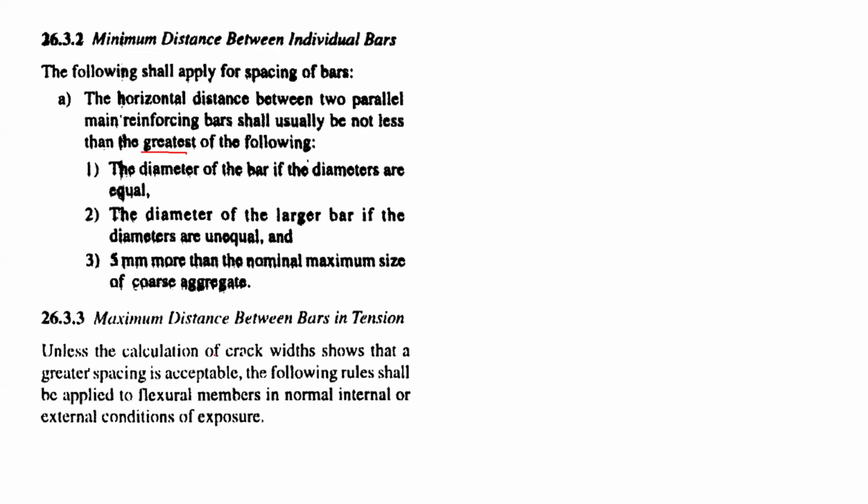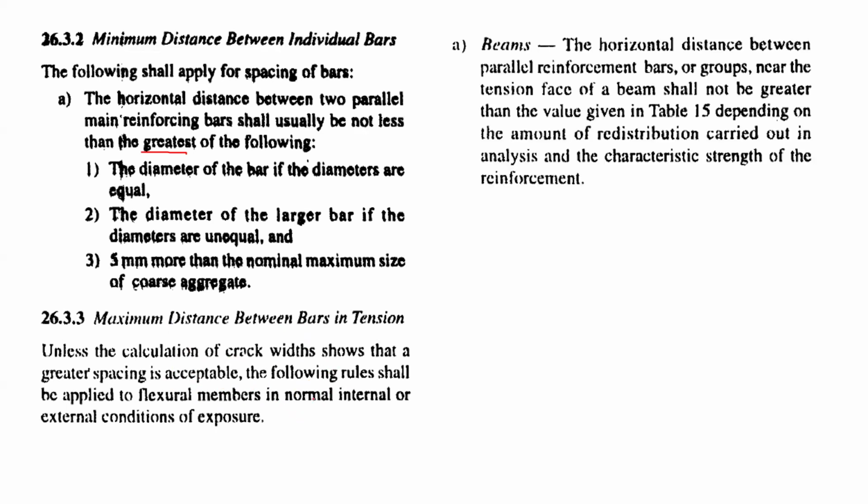Then we have the maximum distance between bars in tension. Unless the calculation of crack width shows that greater spacing is acceptable, the following rule shall be applied. In beams, the horizontal distance between parallel reinforcement bars or groups near the tension face depends on the amount of redistribution carried out in analysis and the characteristic strength of reinforcement.